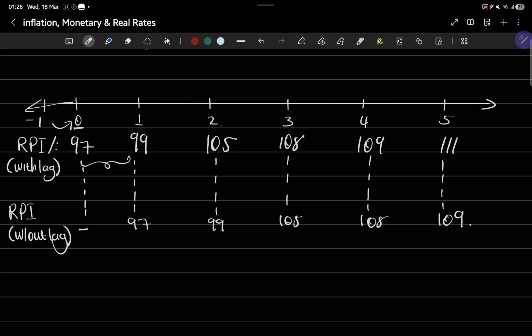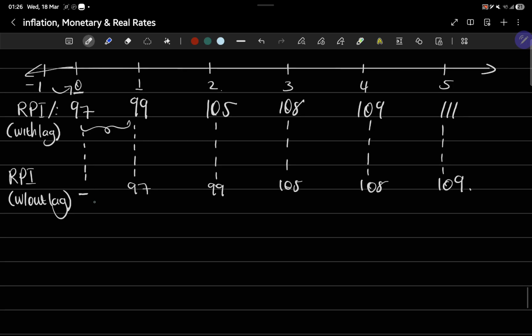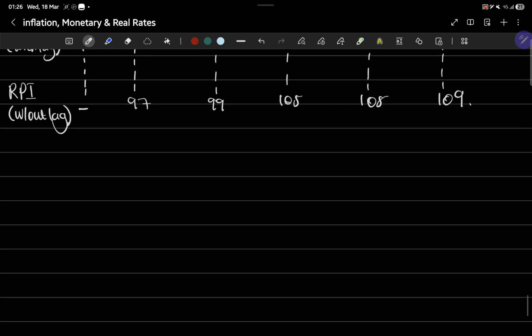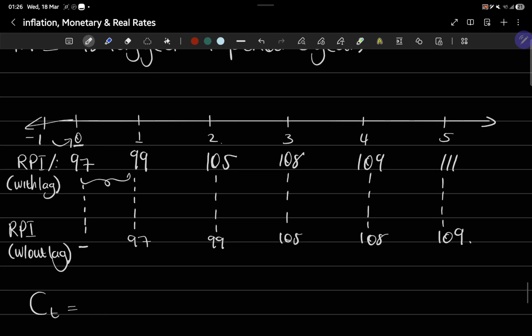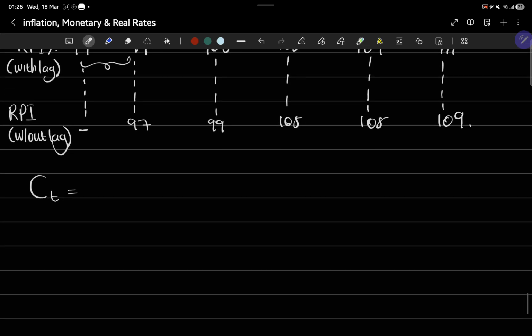Well, now there will be a difference between how we inflate and how we deflate values. When wanting to get monetary cash flows, we'll call them CT. The monetary cash flows will be equal to the nominal values.